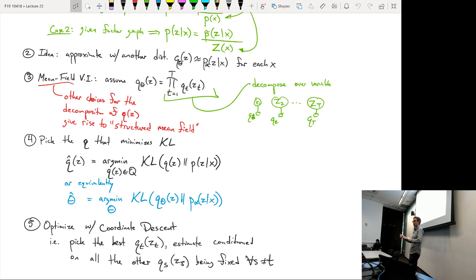Then we'll pick the next variable, and we'll update its distribution, and the next variable, and so on. And we'll iterate through until we converge. Okay, so we'll look at the details about how important the structure of Q is, and how we can still minimize this efficiently, even if P has a structure that would be really hard to work with.